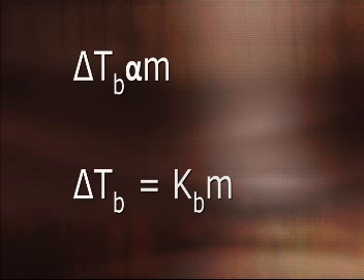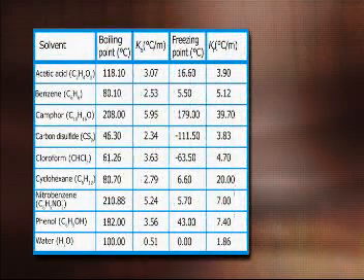The small m represents the molality of the solution, and the Kb is the molal boiling point elevation constant for the solvent. This table shows the boiling points, molal boiling point elevation constants, freezing points, and molal freezing point depression constants of some solvents at a standard atmospheric pressure of 1.